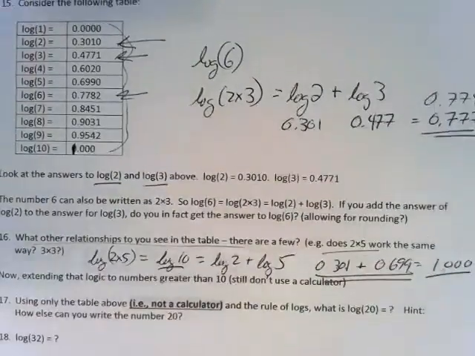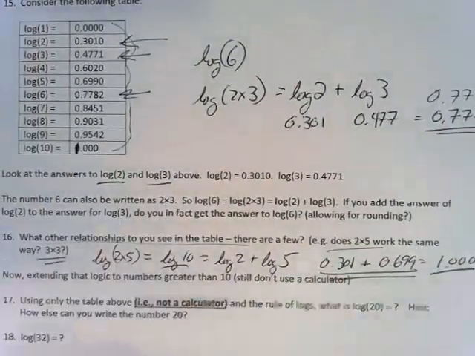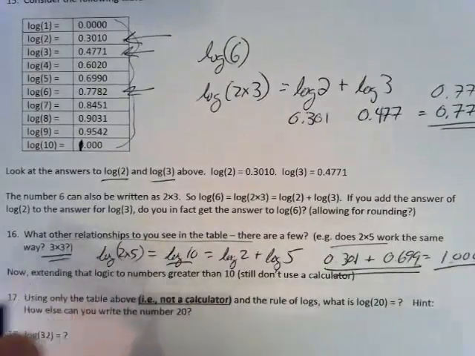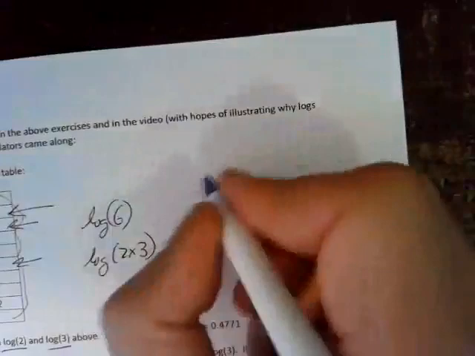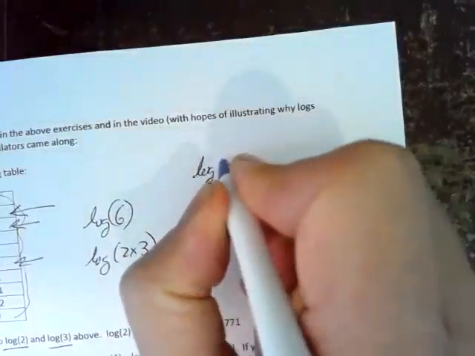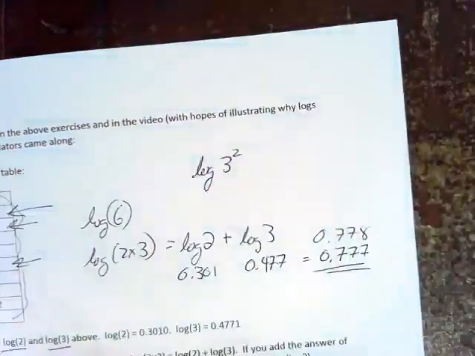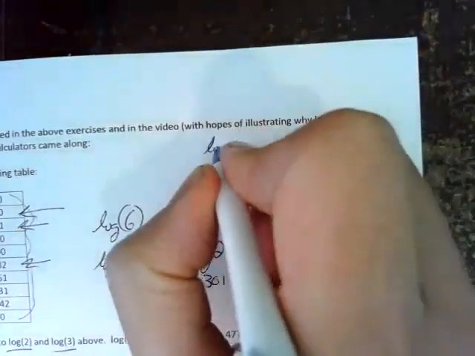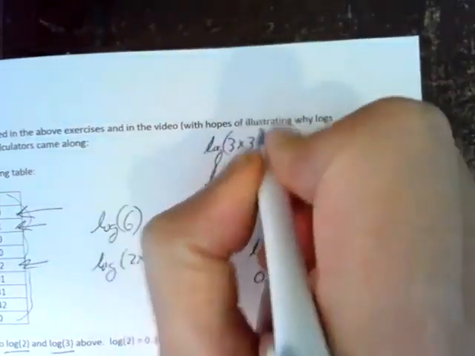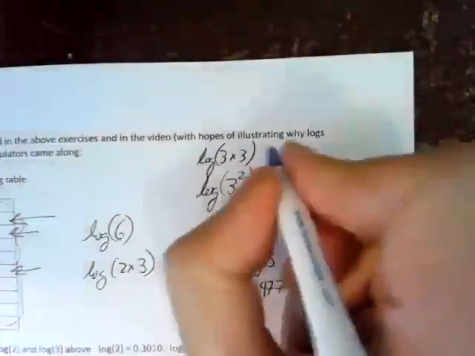Another example here that I asked about is the log of 9. You could get 9 by saying 3 times 3. So 3 times 3 can be rewritten as 3 squared, or we can just leave it as 3 times 3. Either way, note what happens here.